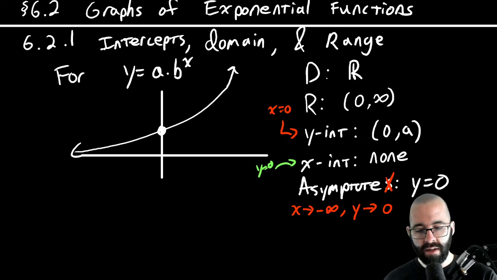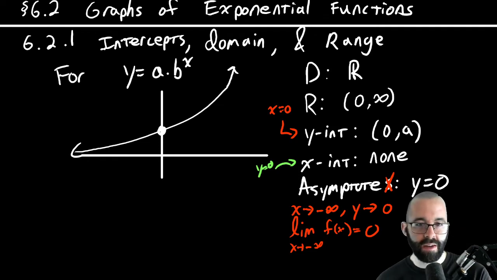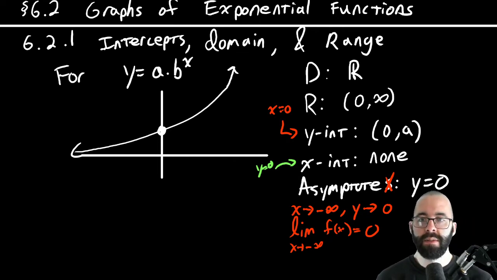We could have also said the limit as x approaches negative infinity of this function is 0. These are other ways of seeing this asymptotic behavior, remembering back to 5.6. So that's basically what we have right here.